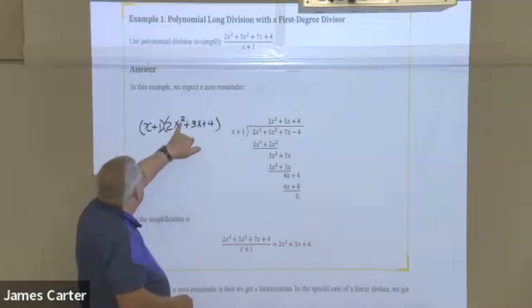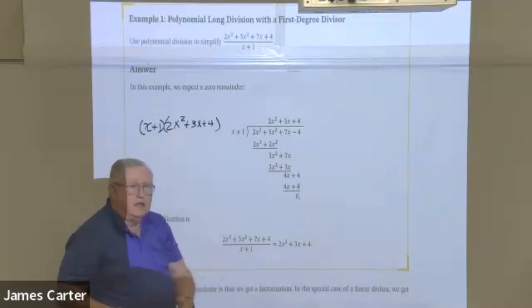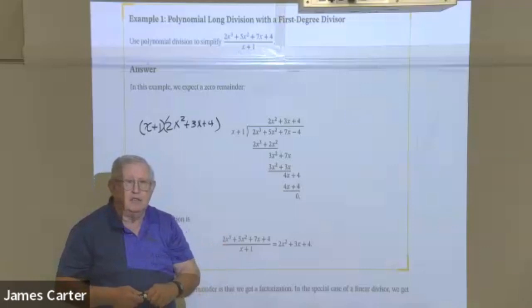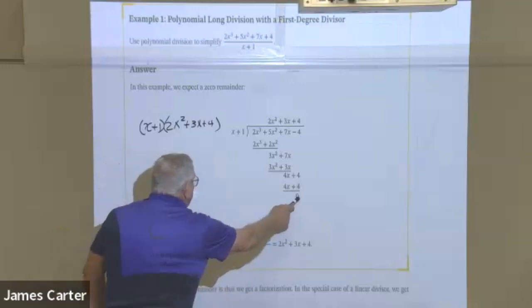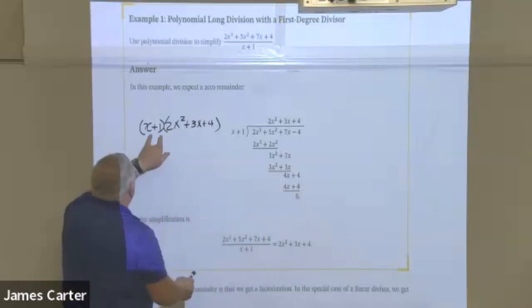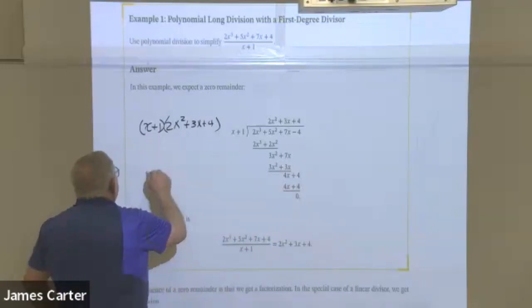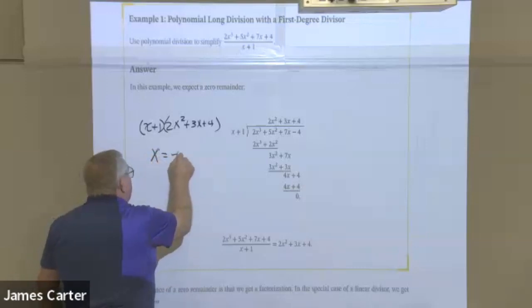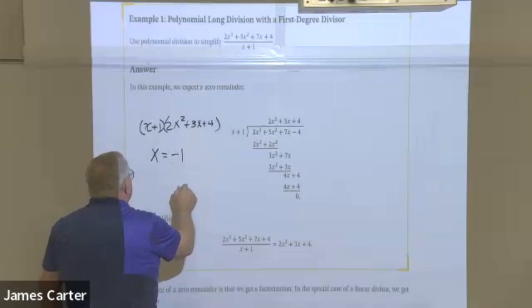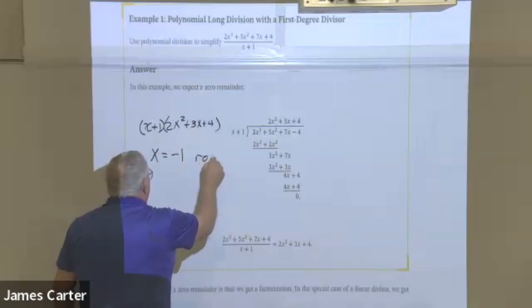If this were any degree higher than 3, then we would have to use those methods, the rational roots rule. In any case, we got a 0 remainder, so that is a factor. That also means that x equals -1 is a root or 0.